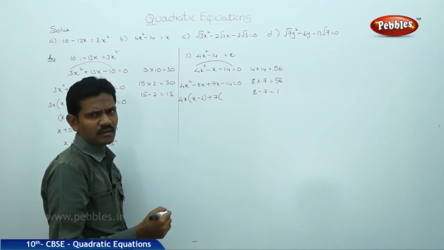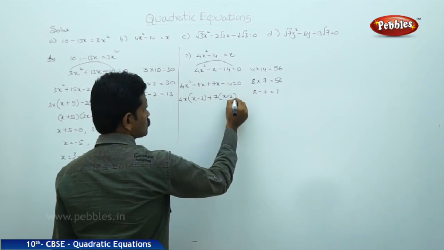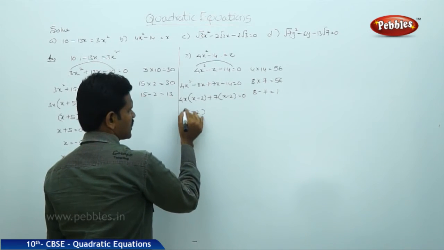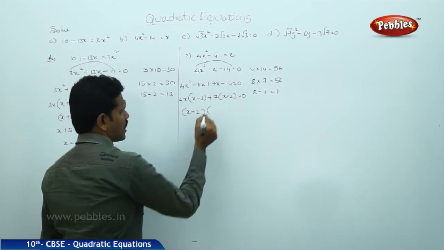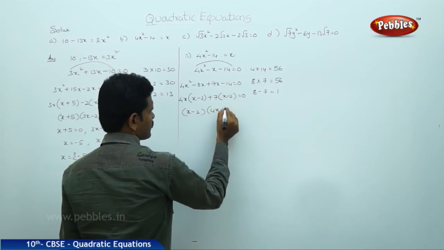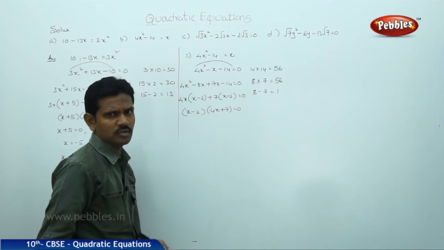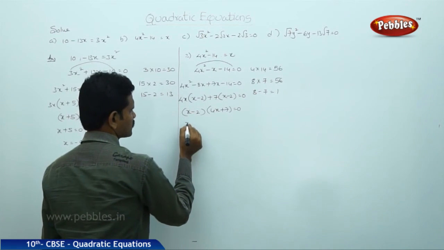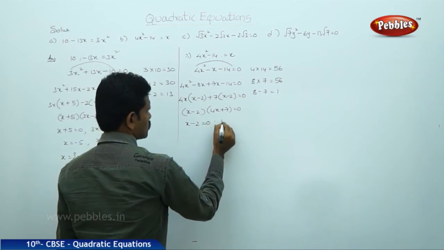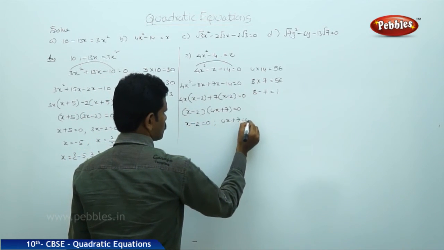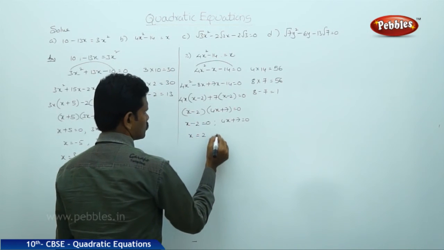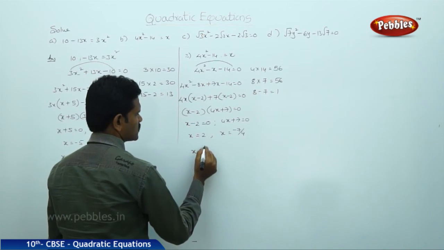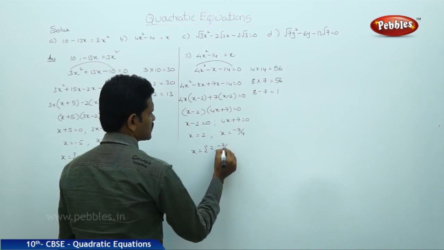Take 7 common: x minus 2 is equal to 0. The common factor is x minus 2 and the other factor is 4x plus 7 equal to 0. Now both parts must be equal to 0 to find the value of x. x minus 2 is equal to 0 and 4x plus 7 is equal to 0, so x is equal to 2, x is equal to minus 7 by 4. Therefore x is equal to the set of 2, minus 7 by 4.